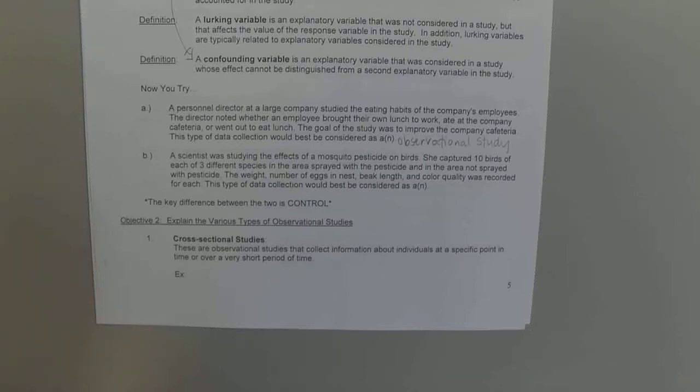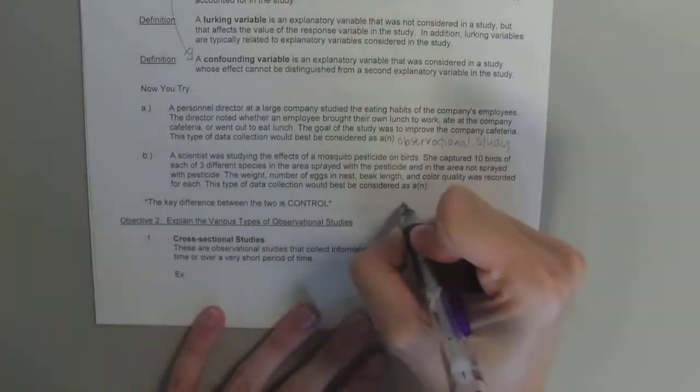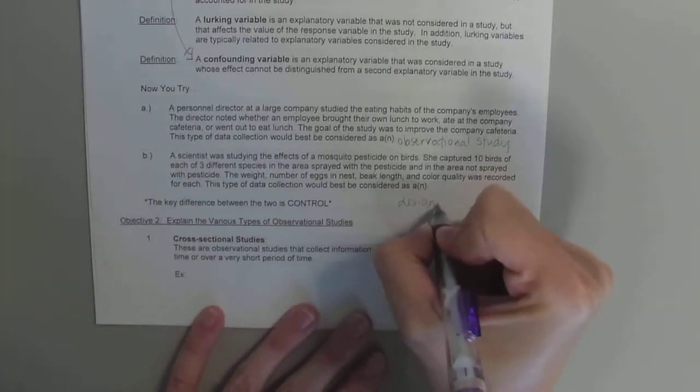She then measured their weight, the number of eggs in the nest, the beak length, and the quality was recorded. This type of data was considered an observational study or a designed experiment? Usually the more complicated it is, it's a designed experiment. There was a lot going on. She decided that there'd be mosquito pesticide in this chunk and not this chunk. How many she's going to capture from each, measure all this stuff, okay? So this is a designed experiment.